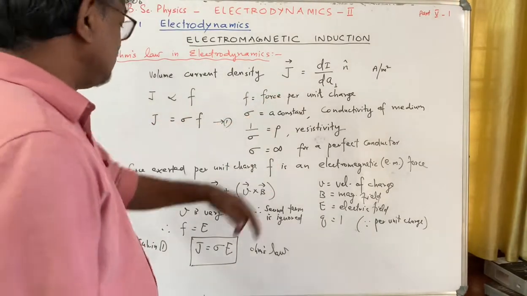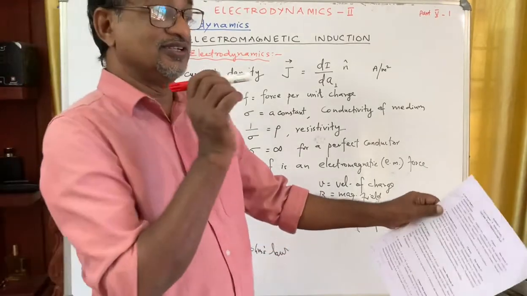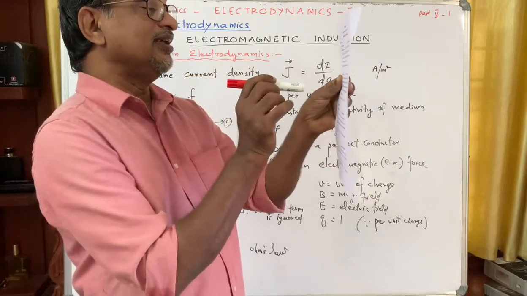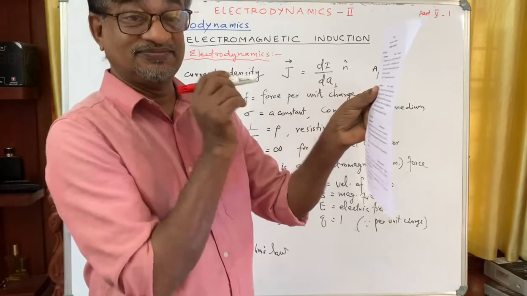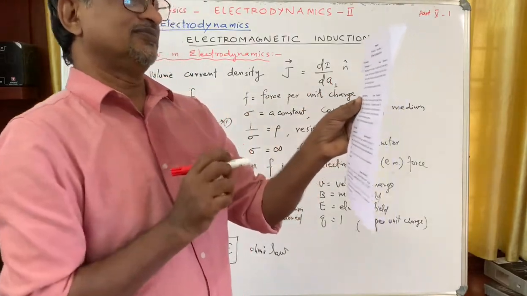So, what is dI? dI is the element of current flowing in this direction. This current is facing an area which is perpendicular to the flow of current. That is why this area is called dA perpendicular.